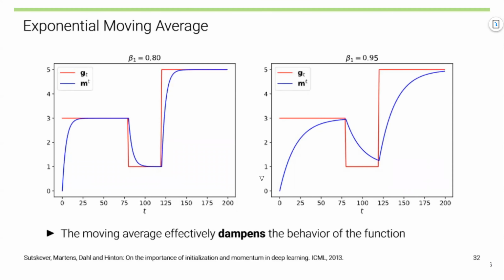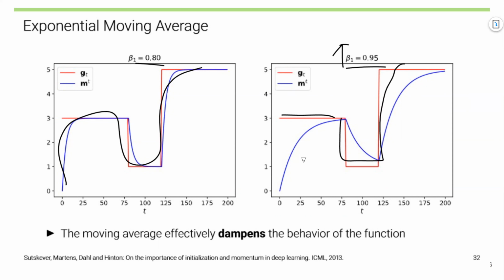Some of you might have heard of exponential moving average. When you set beta as 0.8, it just follows the ground truth value. However, if you increase the value of beta 1, then the ground truth value becomes damped.